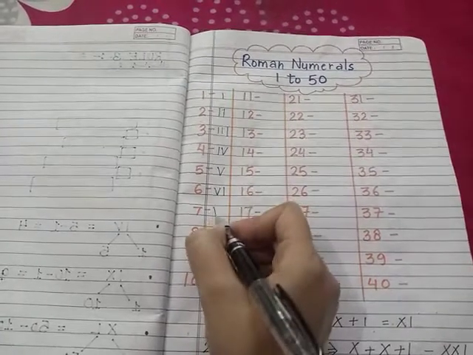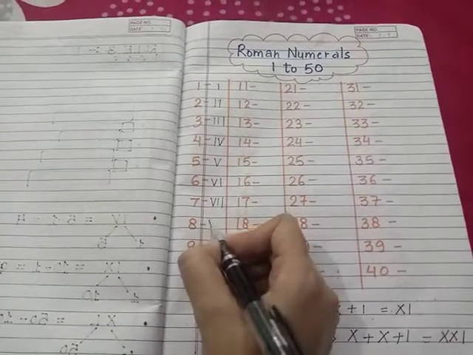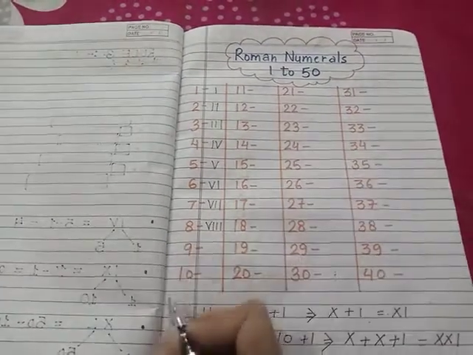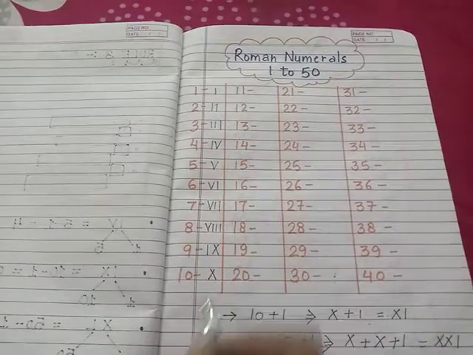For 7, V and 2 times I. The Roman numeral for 8 is V and 3 times I. For 9, IX, and for 10, X.